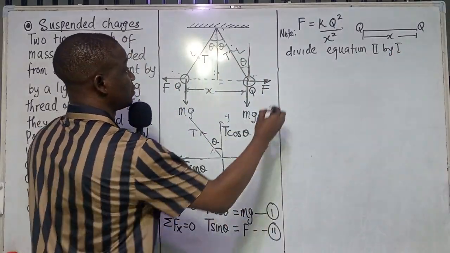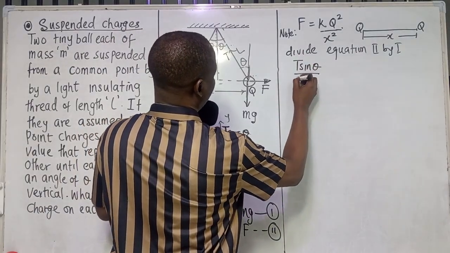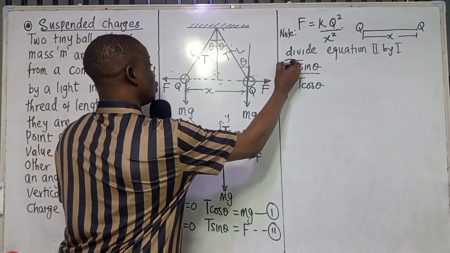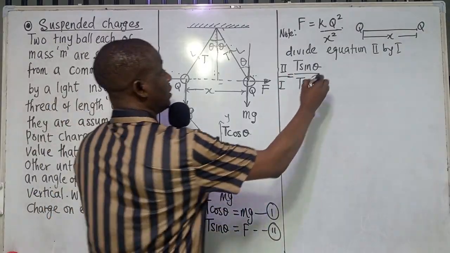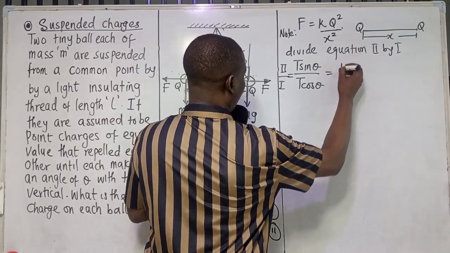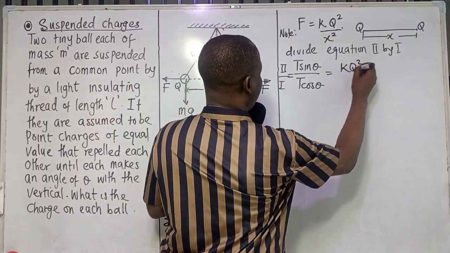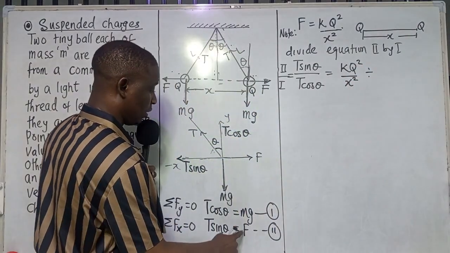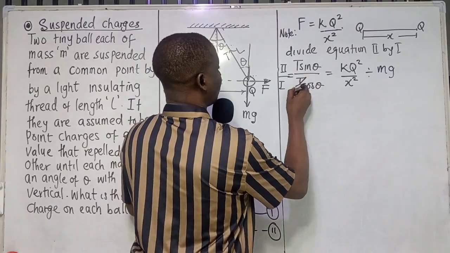That means T sin theta over T cos theta, equal to F over mg. What is our F now? Our F is KQ square over X square, divided by mg. Now this T will cancel this T.